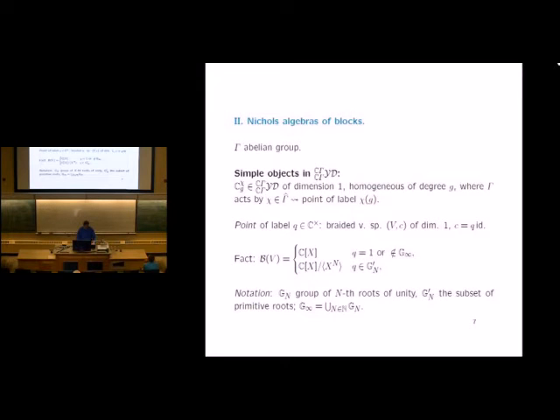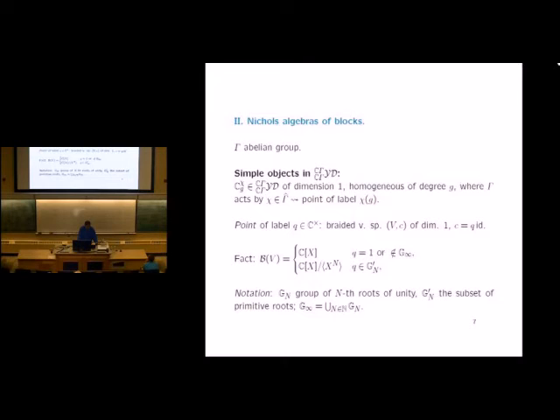Okay, so let's start now with blocks. First of all, I say something which is already well known. What are the simple objects in this category? The simple objects are one-dimensional and are indexed by pairs (g, k), where g is the degree of homogeneity of the one-dimensional vector space, and k gives the action. The evaluation of k on g will be a label q, and this label is the label of this simple object.